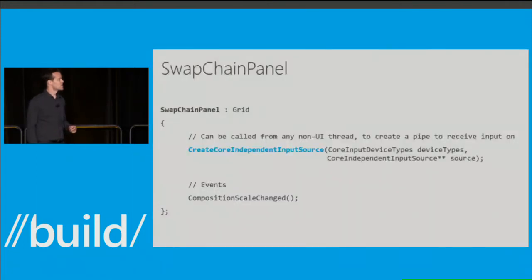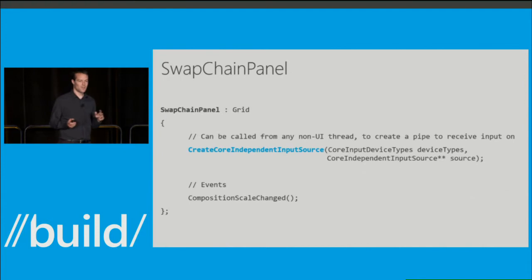So how do we do this? This is actually a WinRT type, the first I've shown, so that's fantastic. There's an API on swap chain panel called create core independent input source, and what you need to pass into this is an enum which describes which types of input you would like: mouse, touch, and pen.